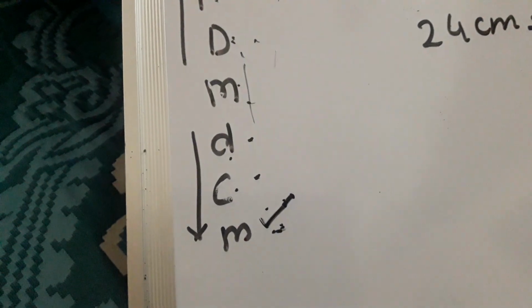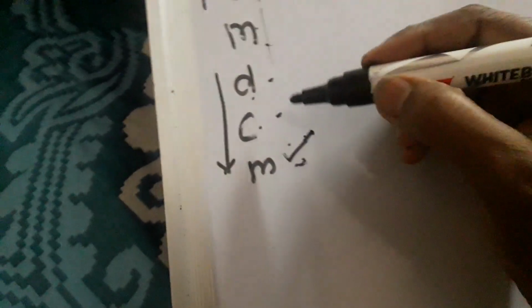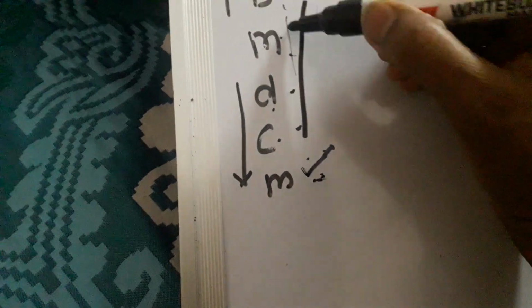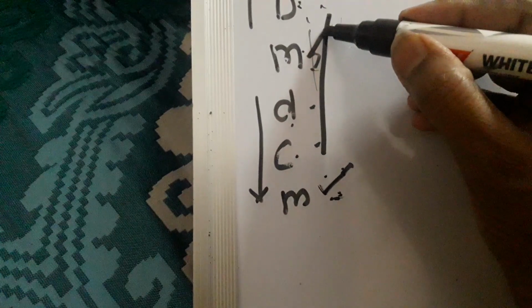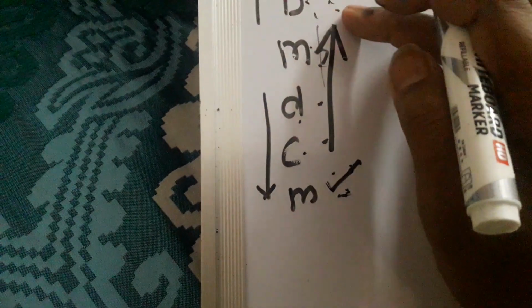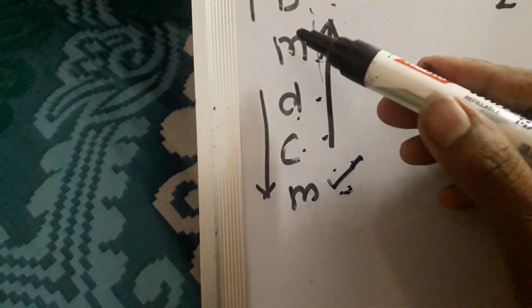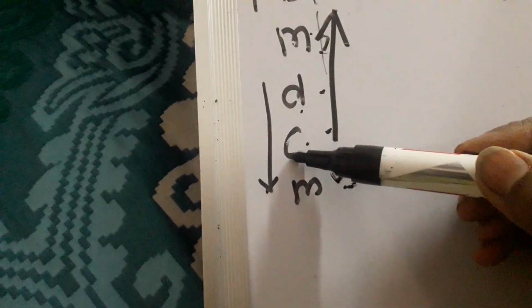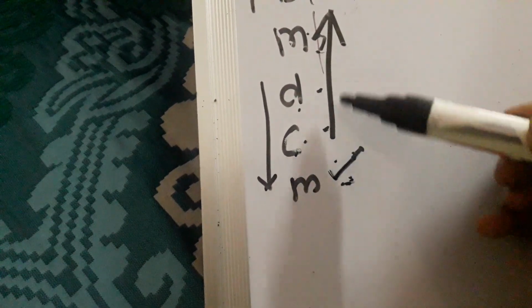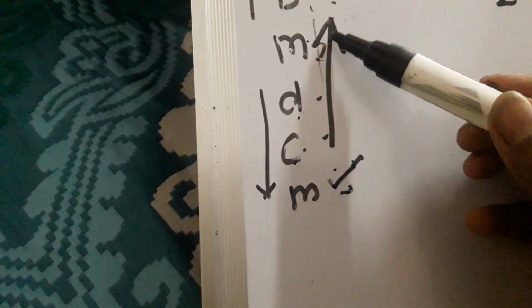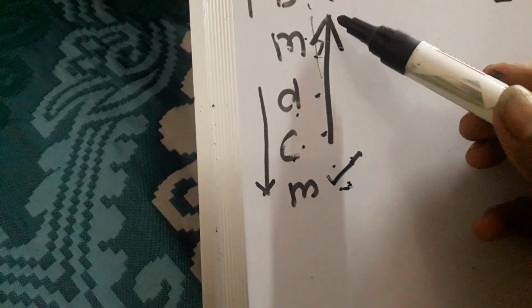From here to this side means we have to move upward. From the lower side we will go to upper side. Now the arrow is moving upward.